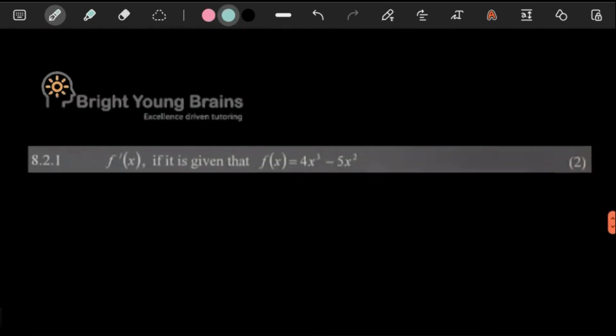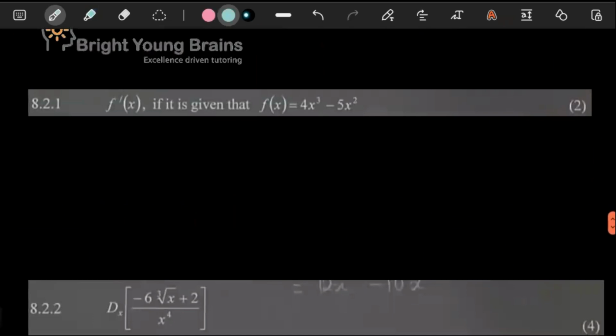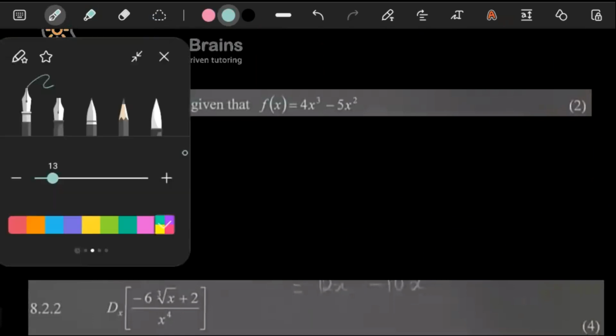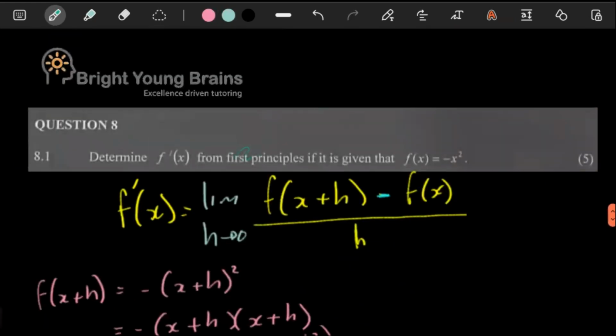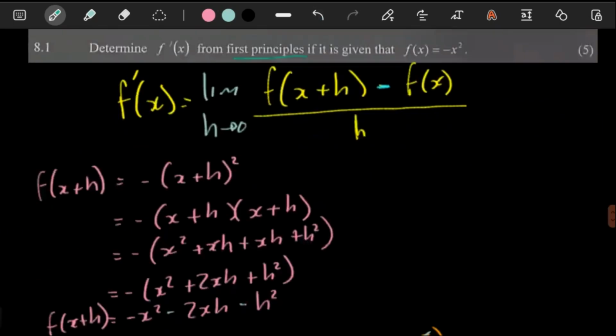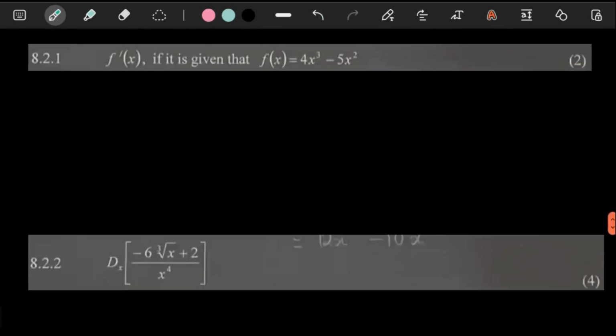Let's keep it moving. Here we just need to differentiate normally, because the only difference between these two questions is here they wanted us to do it using first principles. The questions down here don't. For 2 marks, they just want us to differentiate. This question looks quite straightforward, and it is, that's why it's out of 2 only.